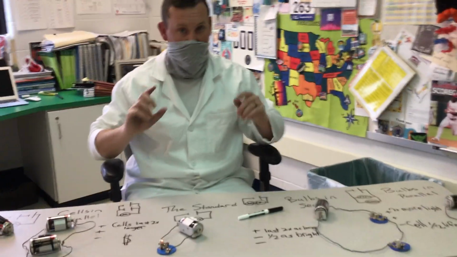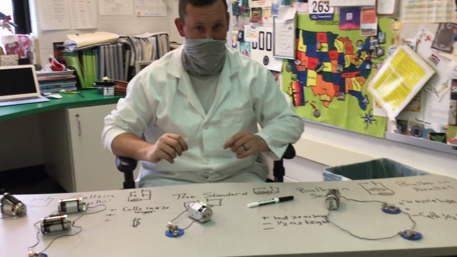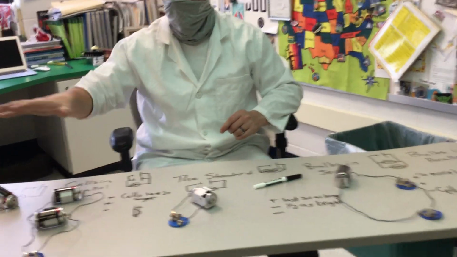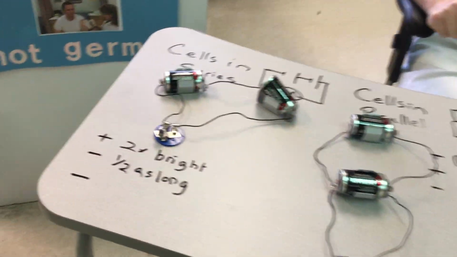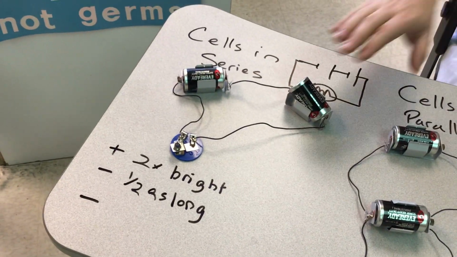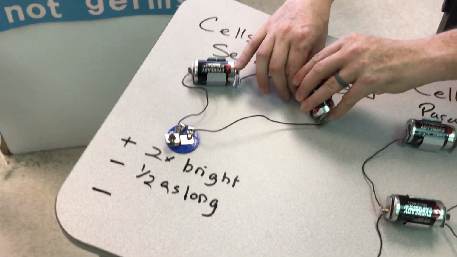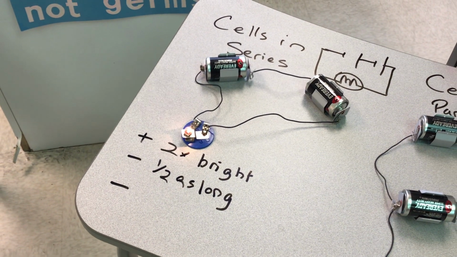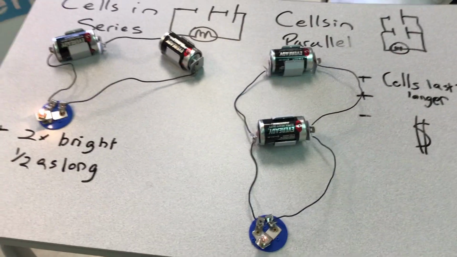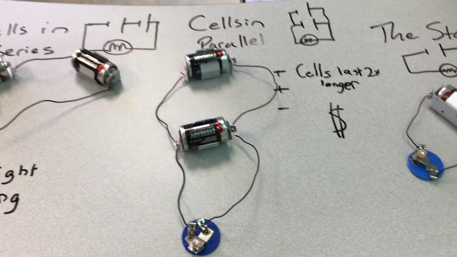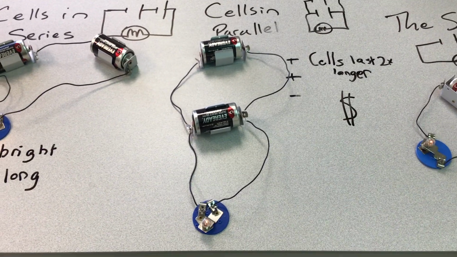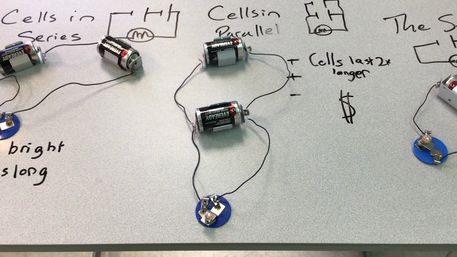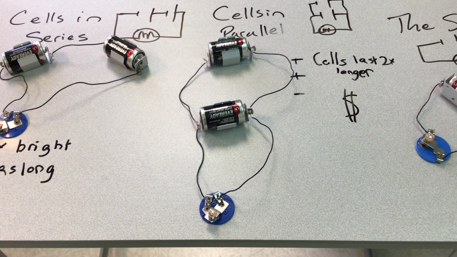So, what I will leave you with are nicknames. Are you ready for them? Cells in series. That is your flashlight. It lights super, super bright. Our cells in parallel. That is our zombie apocalypse. We're stuck in the woods and we need light, but we need to last for a long, long time.